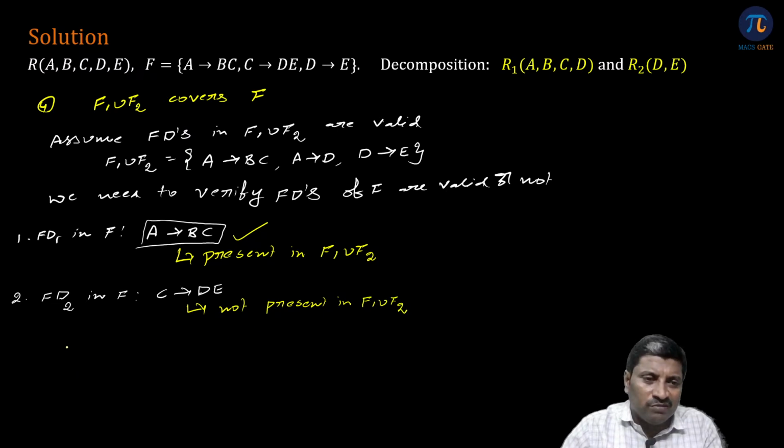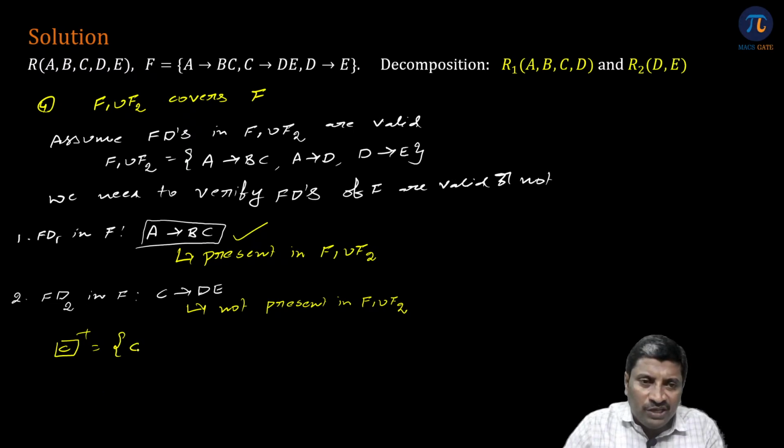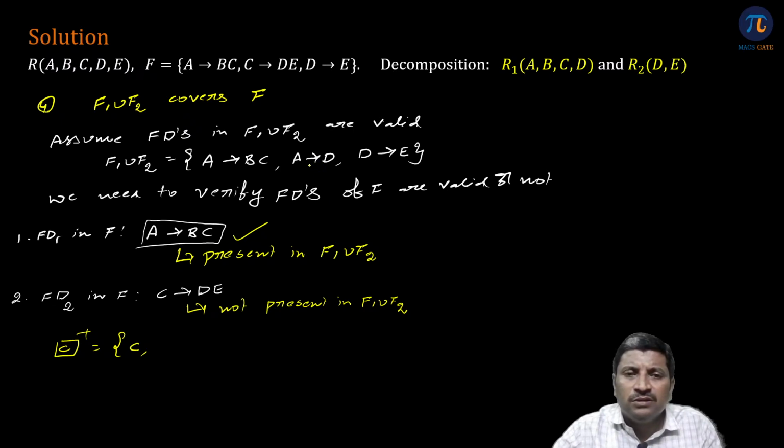So what should we do? We need to find the closure. To find the closure, we need to use FDs of F1 union F2 only. So with C, I can get C. Anything else possible? With C, anything else possible?